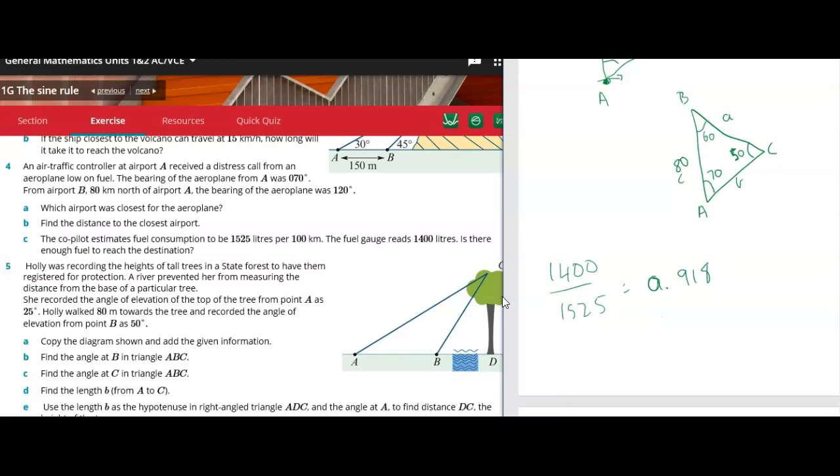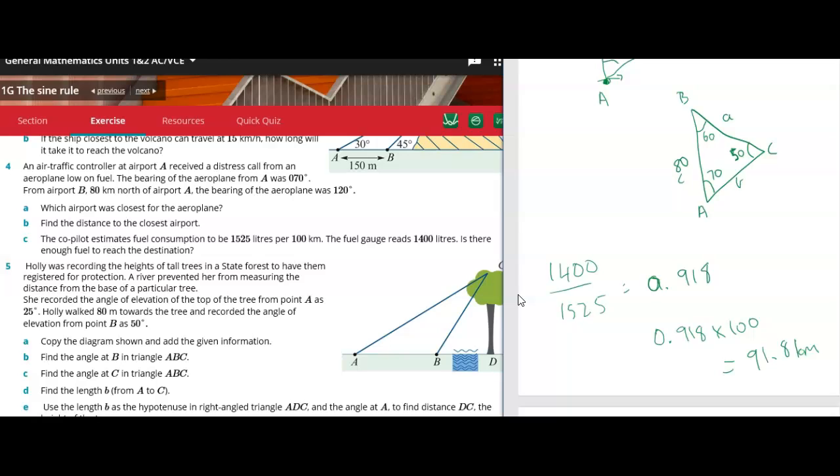So we can do 0.918 of 100 kilometers. Just multiply that by 100. So the aeroplane can fly 91.8 kilometers. So I'm assuming A is less than that, making that we can do it.